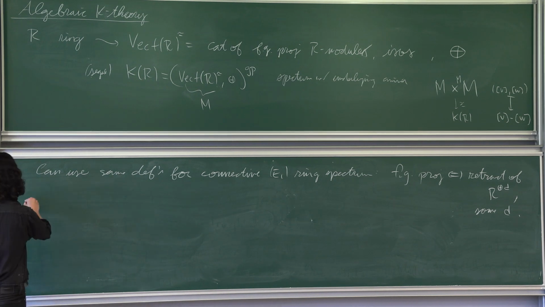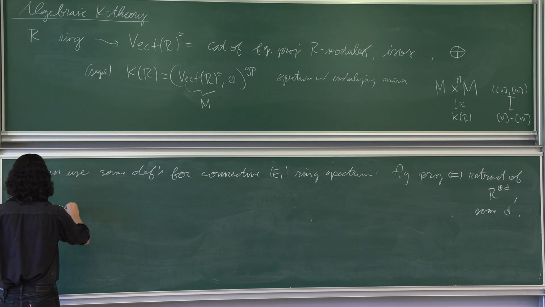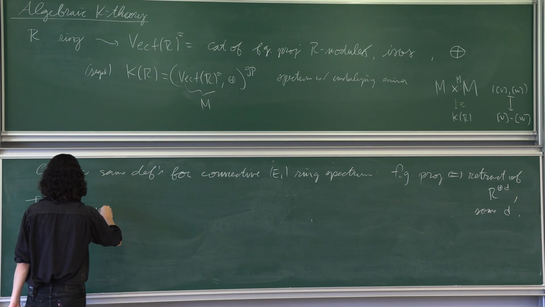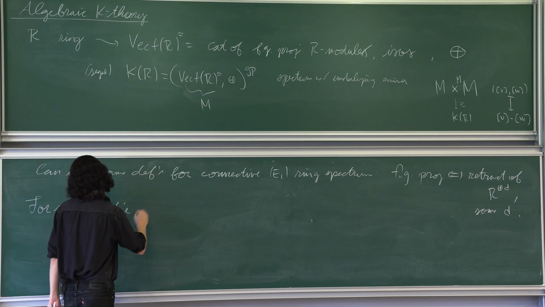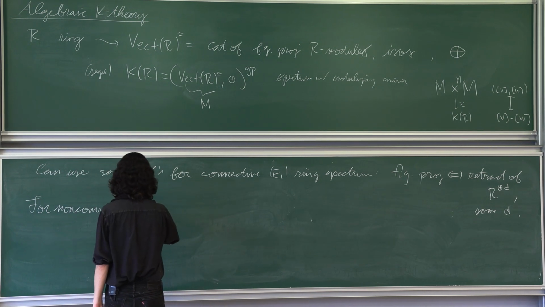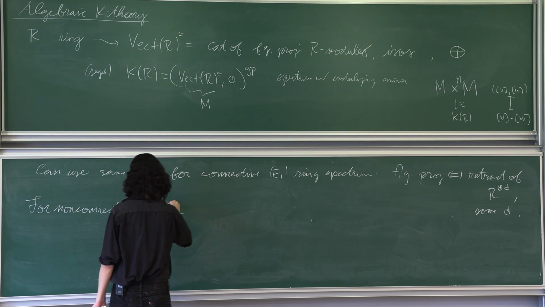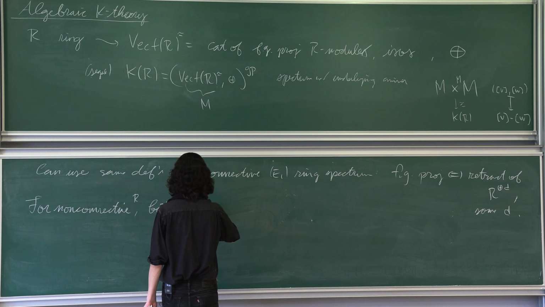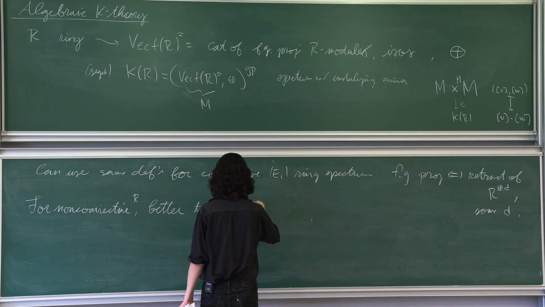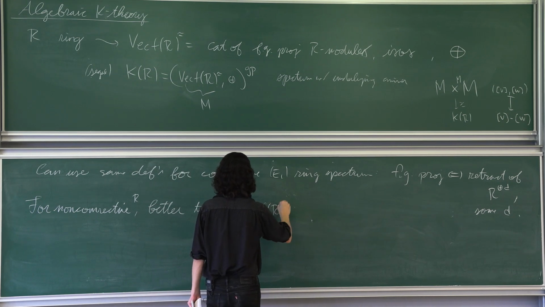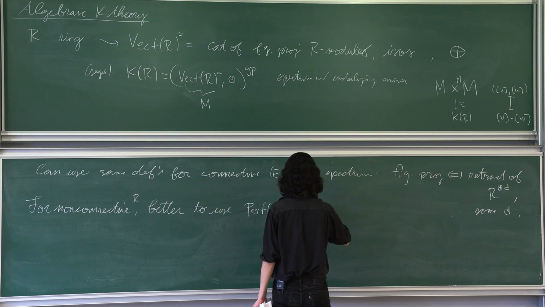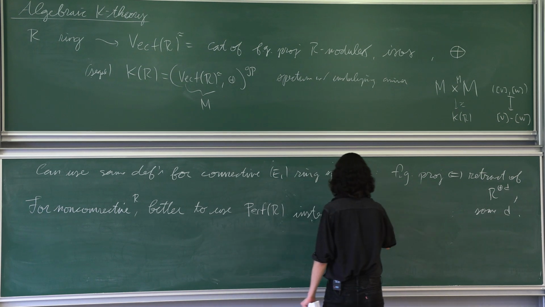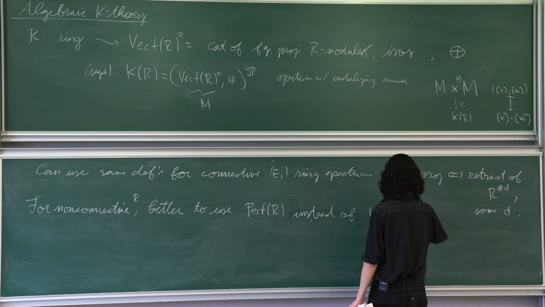Okay. So for non-connective R, and actually in general, it's better to use Perf R instead of Vect.